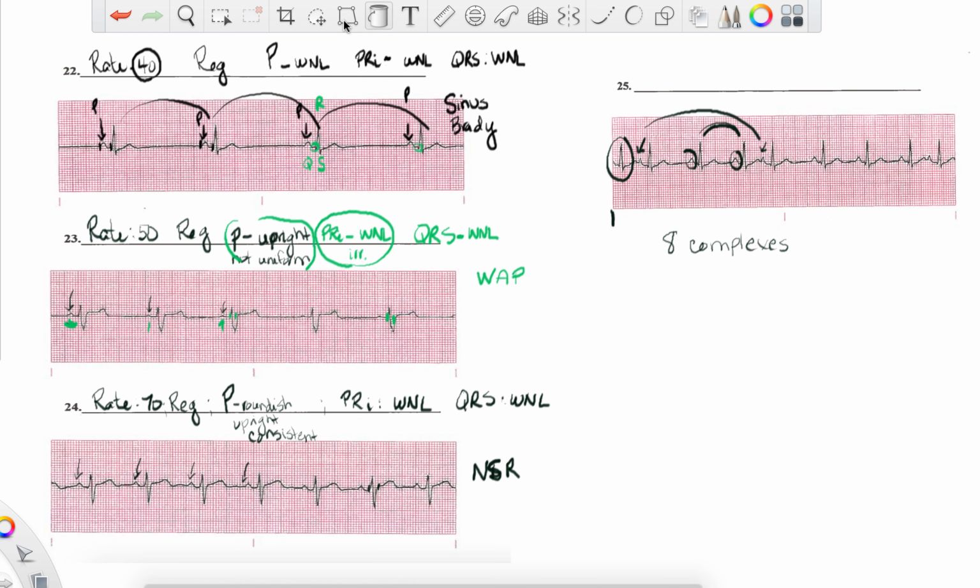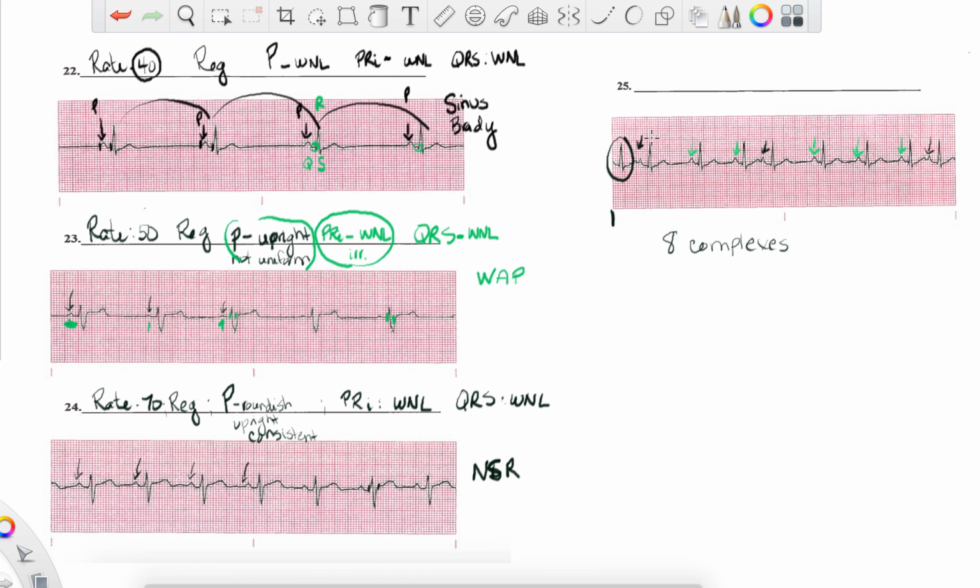These two look the same. So let me change the color of the ink so it stands out a little bit more. So these P waves look the same. And then these P waves look the same. Okay, so where else do we see a P wave that looks like that? We see one here, we see one there, we see one here, but this P wave looks like the other ones.